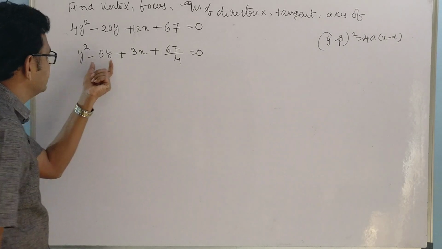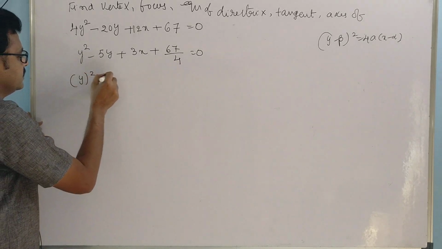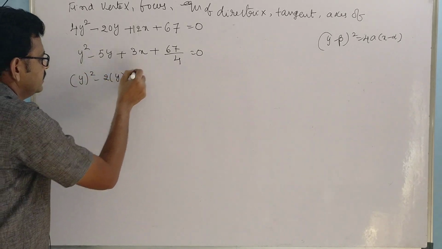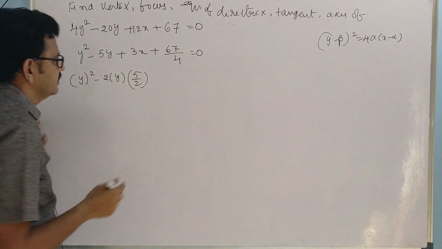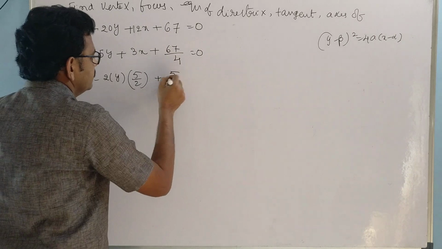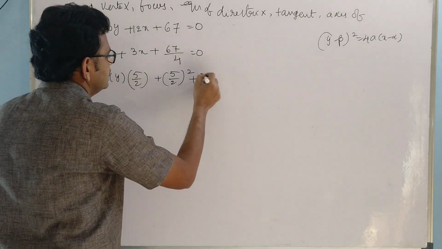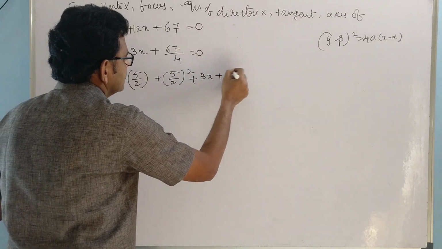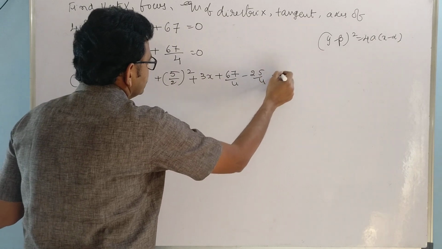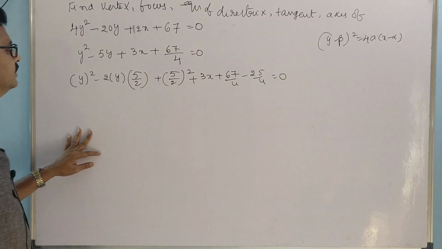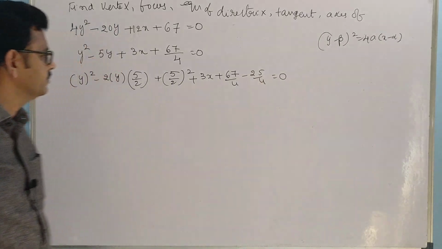Now make it a perfect square. a square plus 2 into y into, if it is 5 by 2, the 2 gets cancelled, this is 5y, plus b square, 5 by 2 whole square, plus 3x plus 67 by 4 minus 25 by 4 equal to 0. Now adding 25 by 4, subtracting 25 by 4.